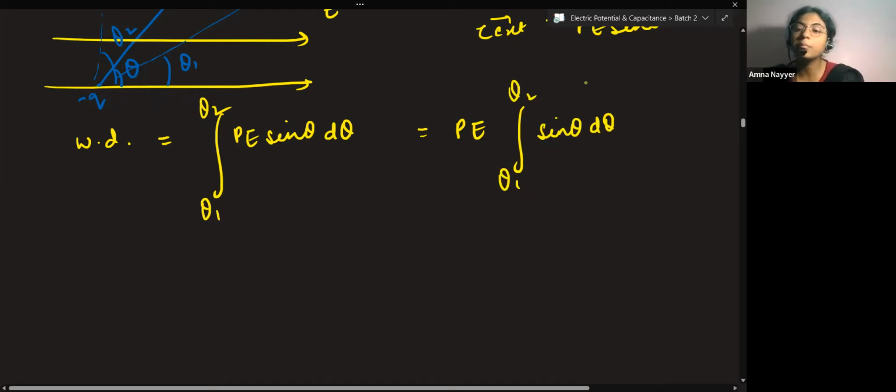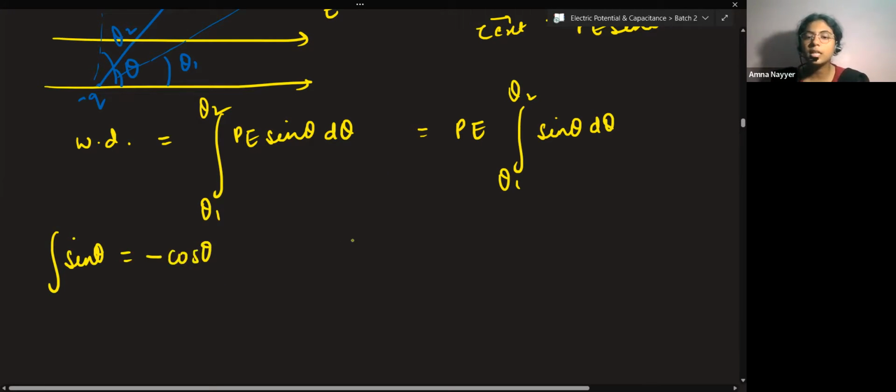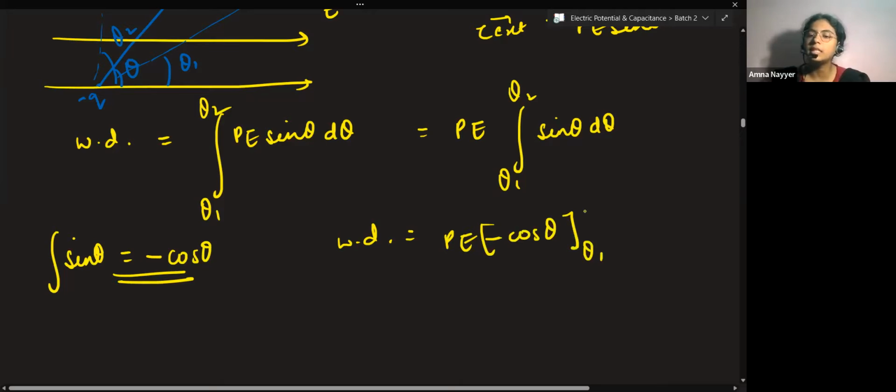Now, if you remember, the integral of sin theta gives minus cos theta. So work done will become PE times minus cos theta, with values from theta 1 to theta 2.